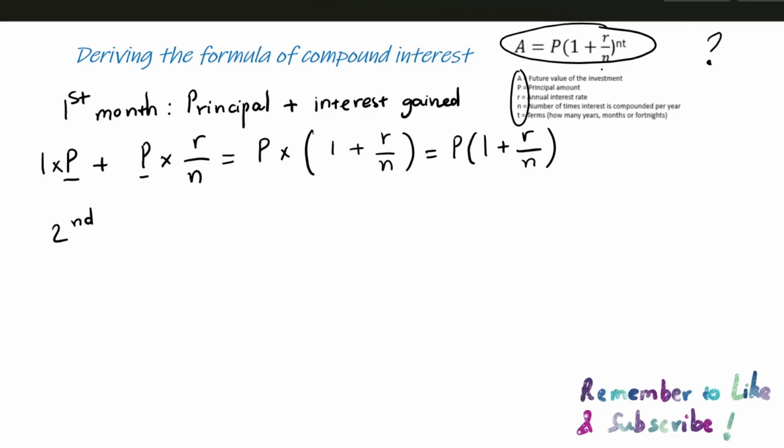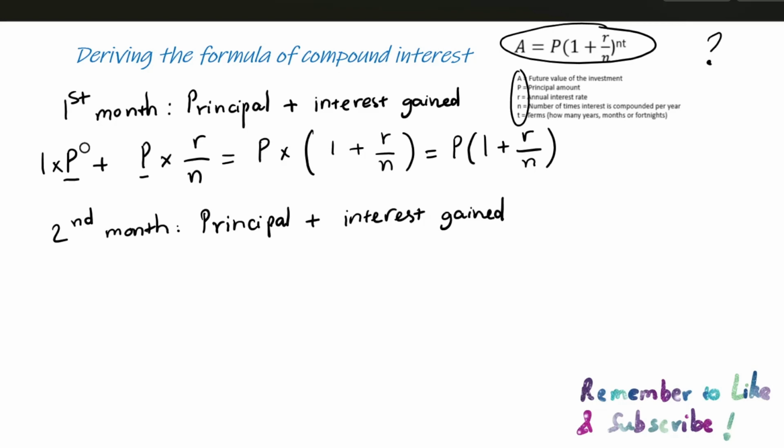Alright, so what happens in the second month? Well, again, I'm glad you've asked. Basically, it is still principal plus interest gained. So the essence doesn't change. It's just principal added with the interest you're going to gain for that month. However, keep in mind that your principal has actually changed.